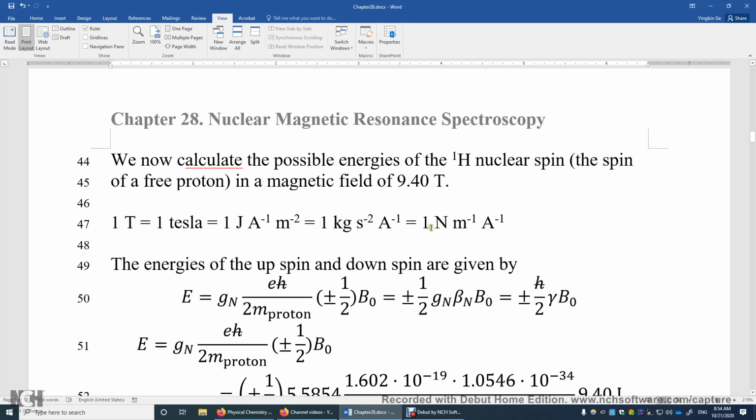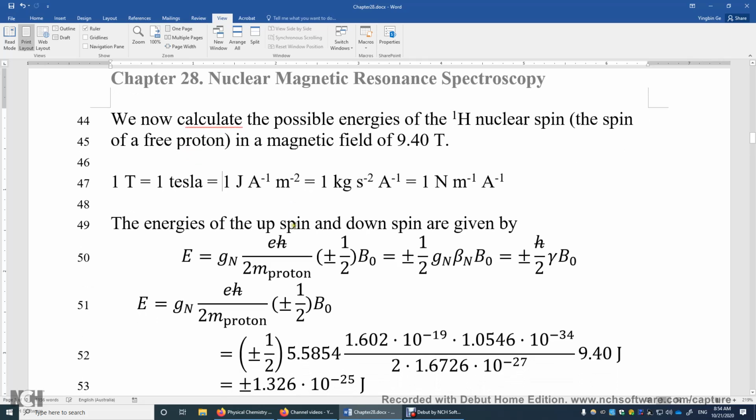There are many different ways to express Tesla, and I think this is commonly used. This is just 1 joule per SI unit of the magnetic moment.